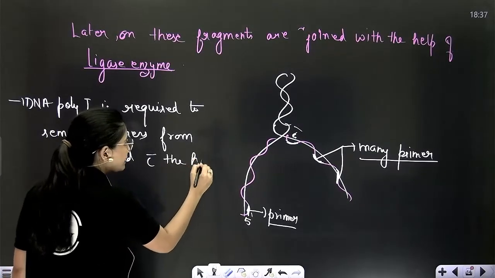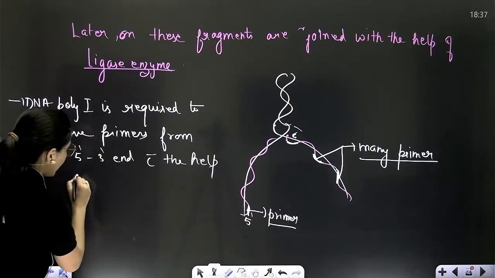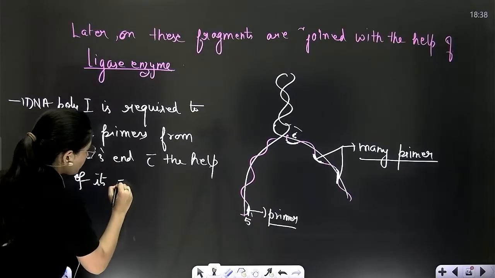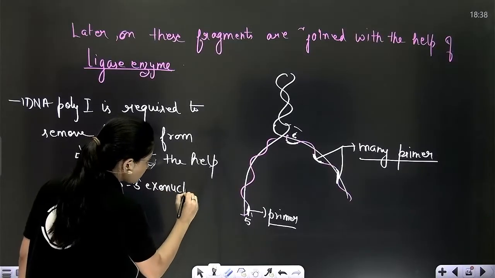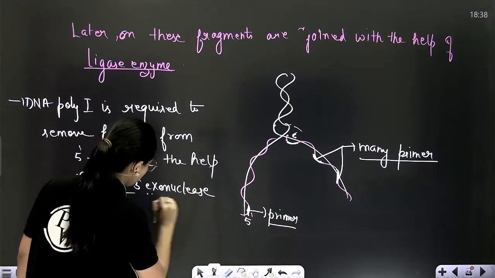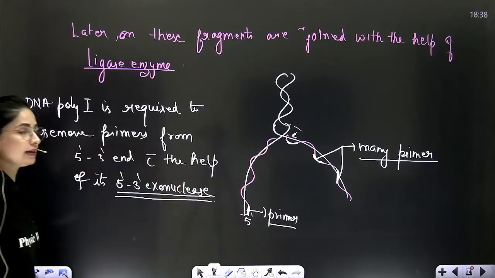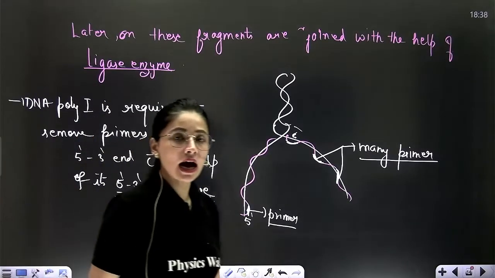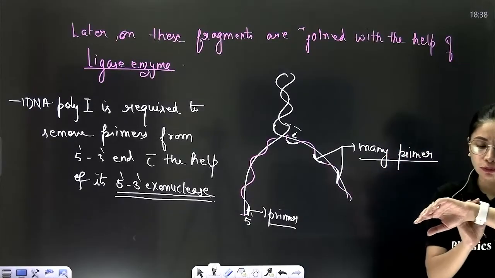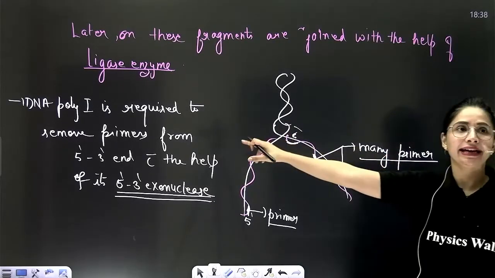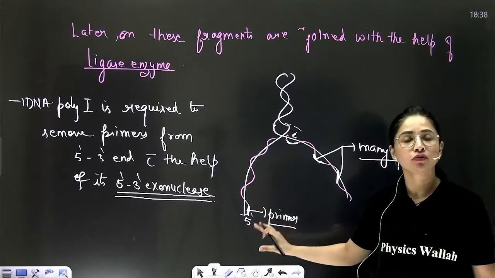Yes or no? They are required to remove the primers from the 5' to 3' end. Which activity is it going to use? With the help of its 5' to 3' exonuclease activity. Right? So this activity is utilized by DNA polymerase 1 to remove the primer.